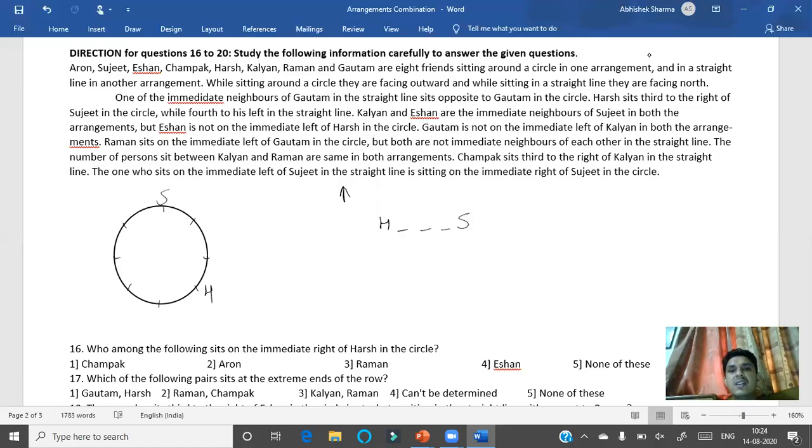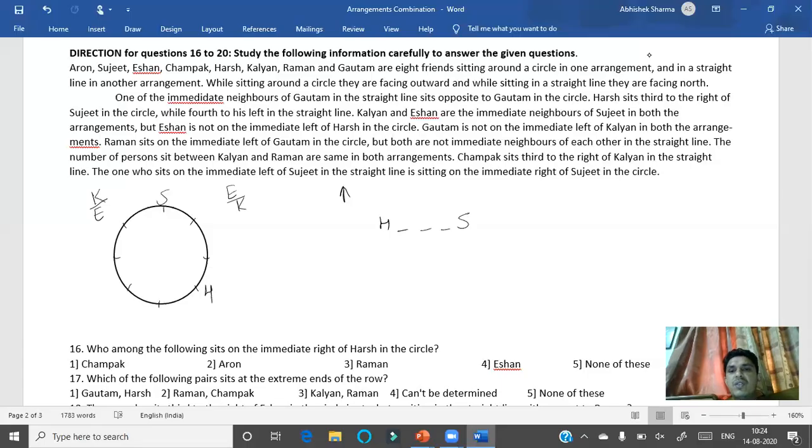Thereafter, Kalyan and Ishan are immediate neighbors of Sujit in both the arrangements. That means if Sujit is here, Kalyan and Ishan can be here, or Kalyan and Ishan can be here. We have 2 possibilities. Thereafter, Ishan is not an immediate neighbor of Harsh in a circle. That is correct.